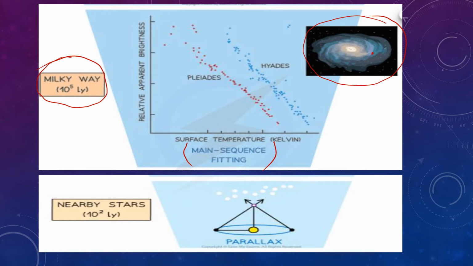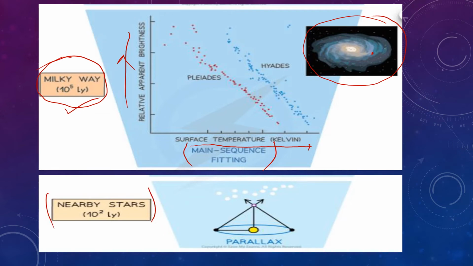So if you want to measure the distance within the Milky Way, that is 10 to the power 5 light years expanded. So what we do is we rely on the surface temperature. We measure the surface temperature of the stars, that is measured by Wien's displacement law, we'll study later. Then you can measure the relative apparent brightnesses or the luminosity.